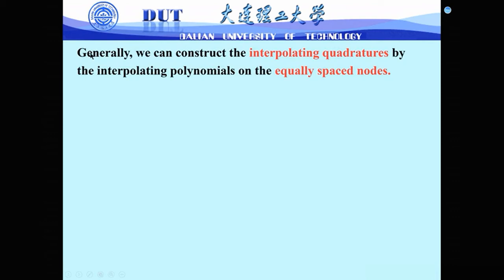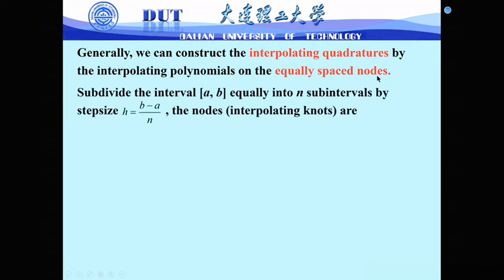Now, generally, we can construct the interpolating quadratures by using the interpolation polynomials on equally spaced nodes. That means we subdivide the interval [a, b] equally into n subintervals by the step size h equal to (b minus a) over n.